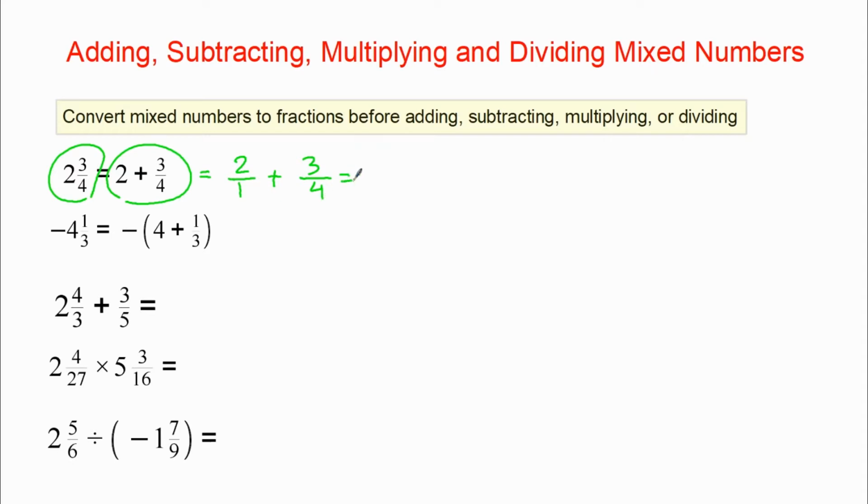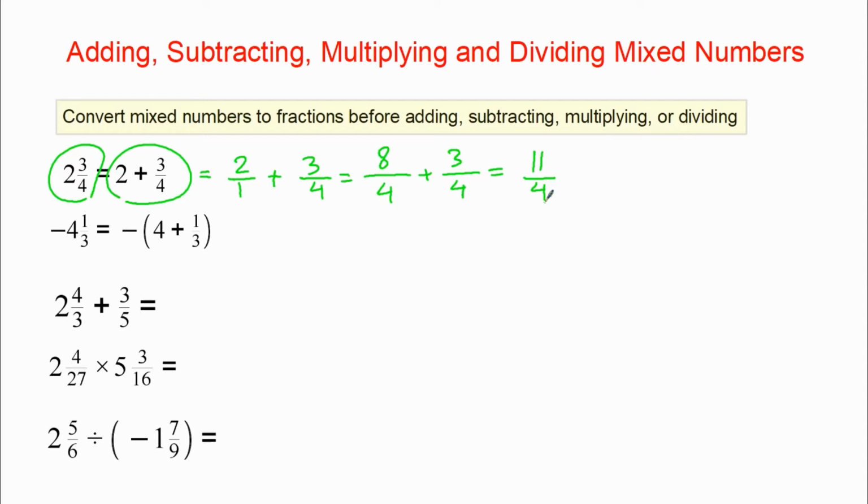The common denominator between 1 and 4, the least common multiple, is 4. So 1 times 4 gives 4, 2 times 4 would be 8, and then this is 3 as it is, and the answer would be 11 over 4.